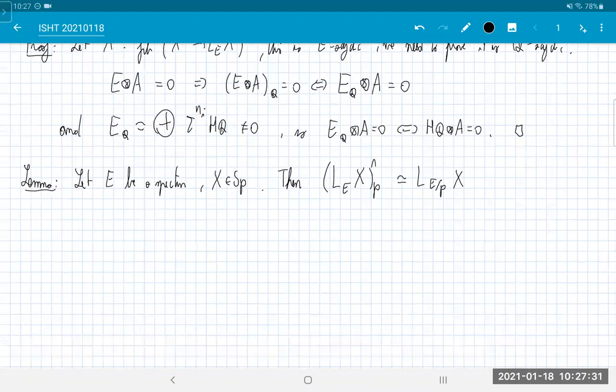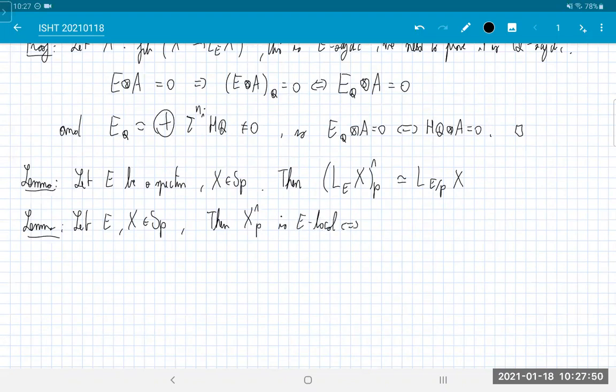Actually, let me first prove an additional lemma that we need in the proof of this lemma. Let E be a spectrum. Then the p-completion of X is E-local if and only if X mod p is E-local.